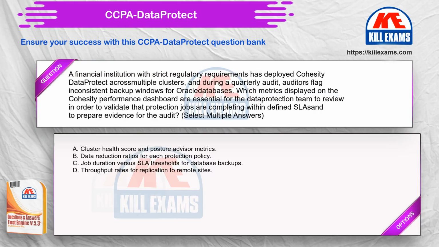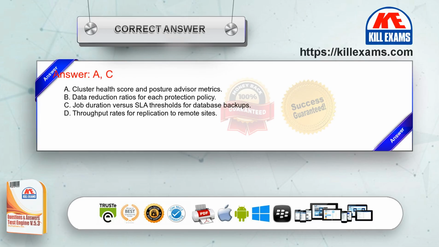Select multiple answers. A. Cluster health score and posture advisor metrics. B. Data reduction ratios for each protection policy. C. Job duration versus SLA thresholds for database backups. D. Throughput rates for replication to remote sites. The correct answer is option A, C.